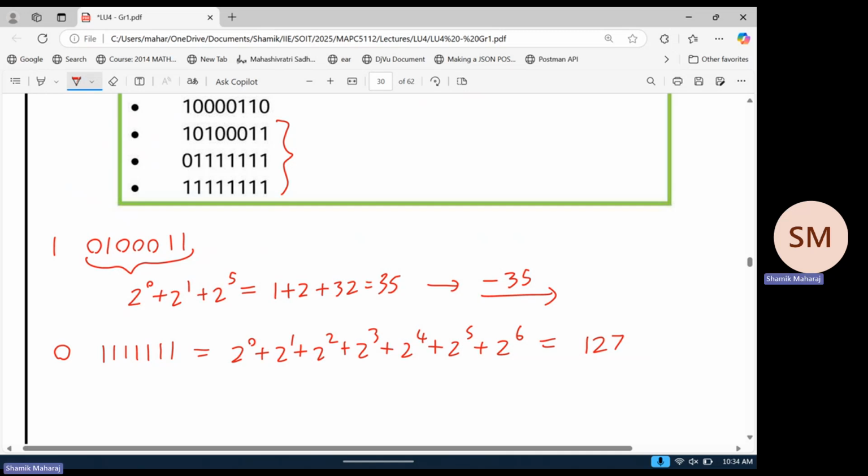Okay, so that is the second one. Let me label these 1, 2, and 3. So 1 is done here, 2 is done here. The third one is the exact same number that we just dealt with, but with a different sign bit. So the answer for this part is still 127, but then the final answer is negative 127. Just the sign is different.